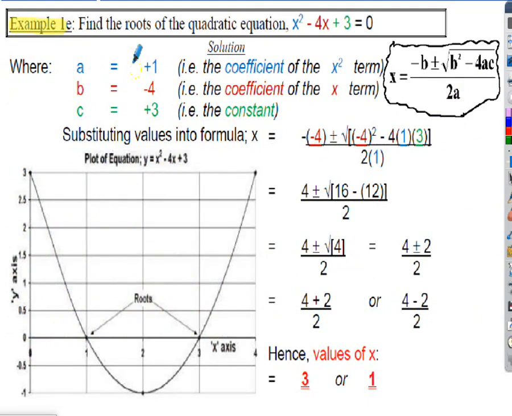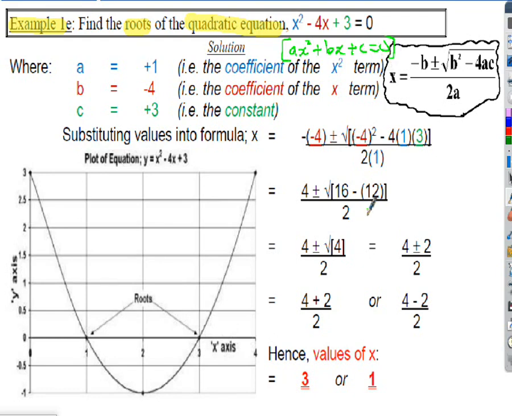Example 1e, we're asked to find the roots of the given quadratic equation x squared minus 4x plus 3 is equal to 0. Whenever we're solving a quadratic equation, we know it must be in the form ax squared plus bx plus c is equal to 0, so straight away we've got it in the appropriate format we need.